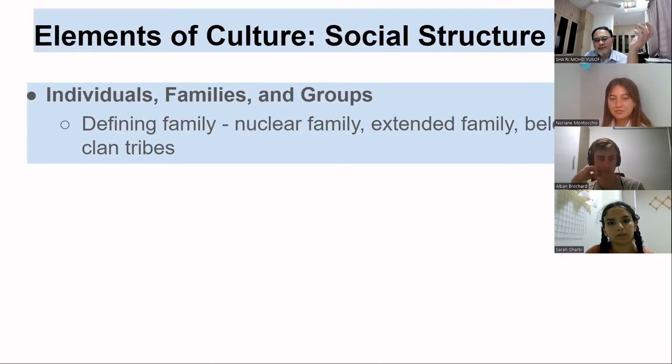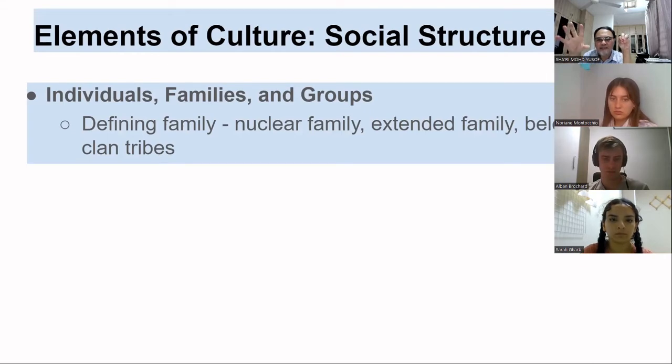Why is it different? Just now we said it is something that is learned from one generation to another generation. So what is the difference between a nuclear family and an extended family? What is the difference in terms of transmitting the values and the behavior? This is a nuclear family with only the father, mother, and the child.